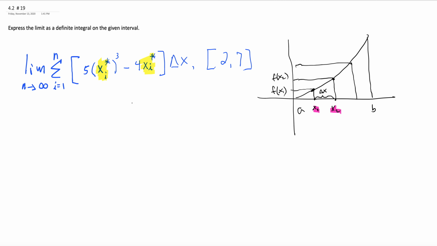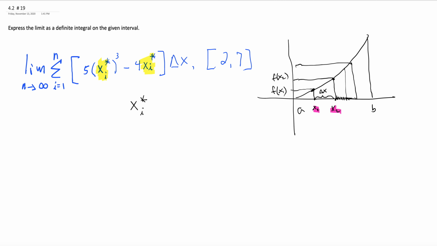X sub i star just means it's any number in here that's not necessarily an endpoint of the rectangle. And the idea is that it doesn't really matter what that number is, because if these rectangles become infinitely small, then it's always going to hit the graph.